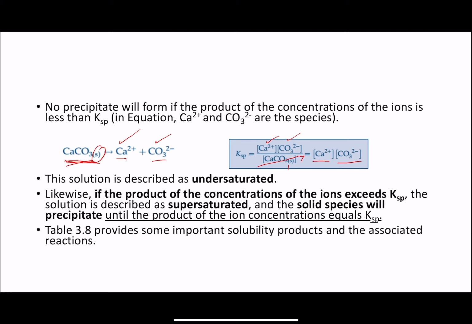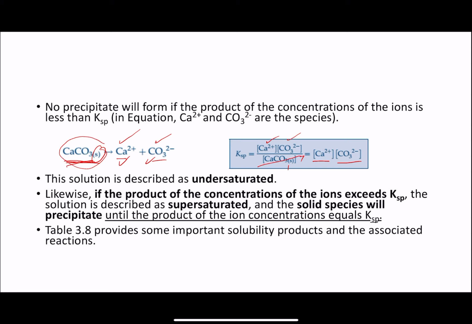If there is no precipitation, if you just put this into water, if the product of the concentration of this times this is less than KSP, then there is no precipitation, and we call this undersaturated.